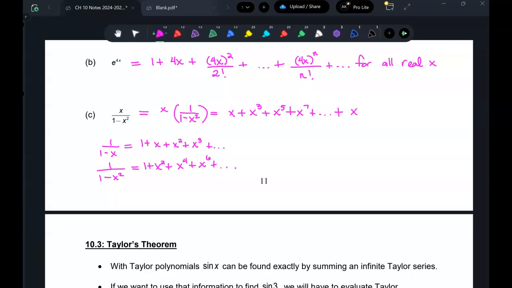If even numbers are expressed as 2n, odd numbers are 2n plus 1. Think about that. When n equals 0, I get x to the 1st. When n equals 1, I get x cubed. It's 2n plus 1.